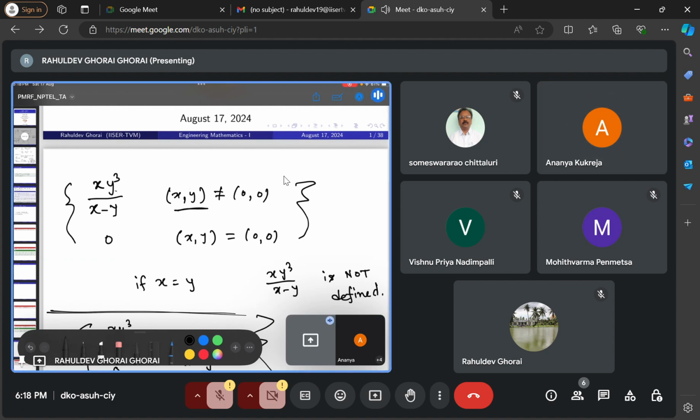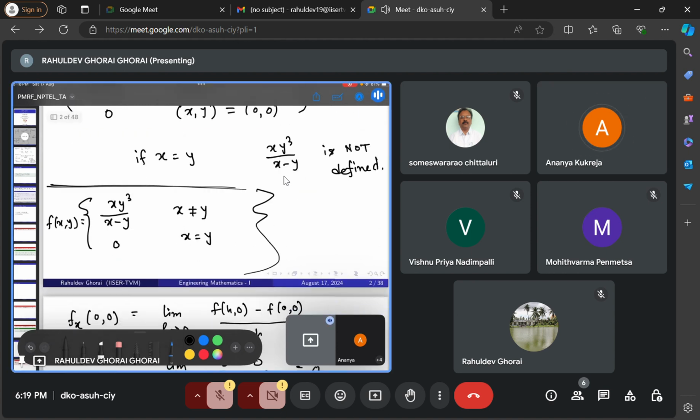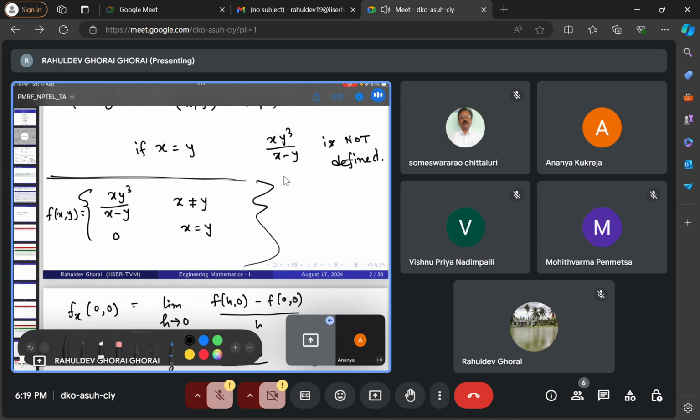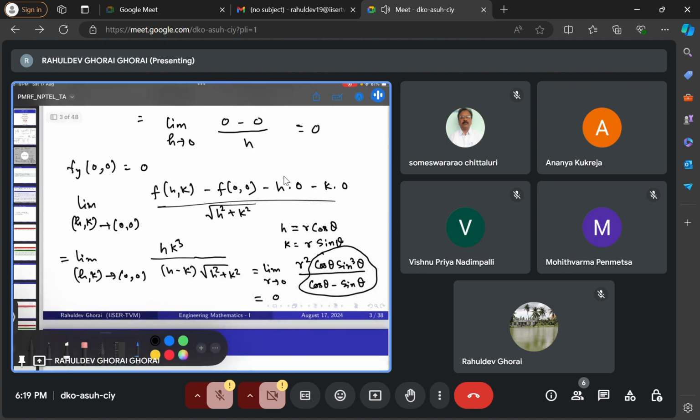Because when x equal to y, then also x equal to y equal to 1, it will fall in this domain, but then the function is not defined. So I believe the function should be like this, and then you can follow this to show that the function is differentiable because this limit is tending to zero, which we want, right? Yes, sir. Clear? Yes, sir.